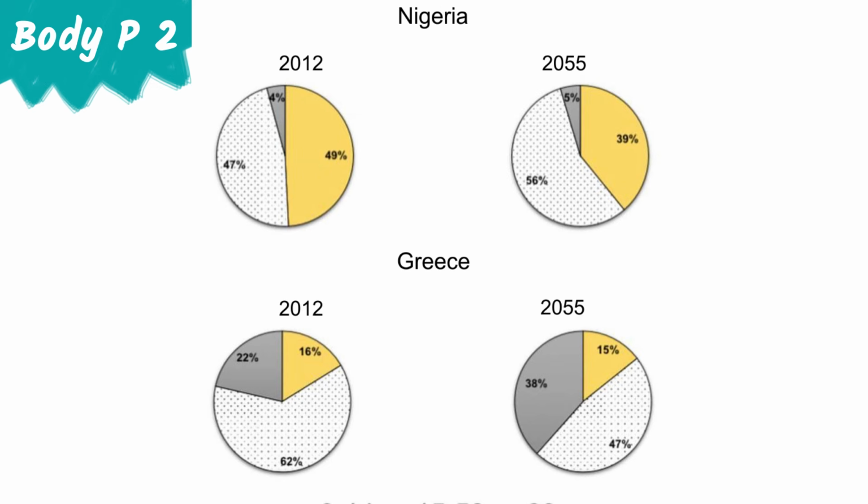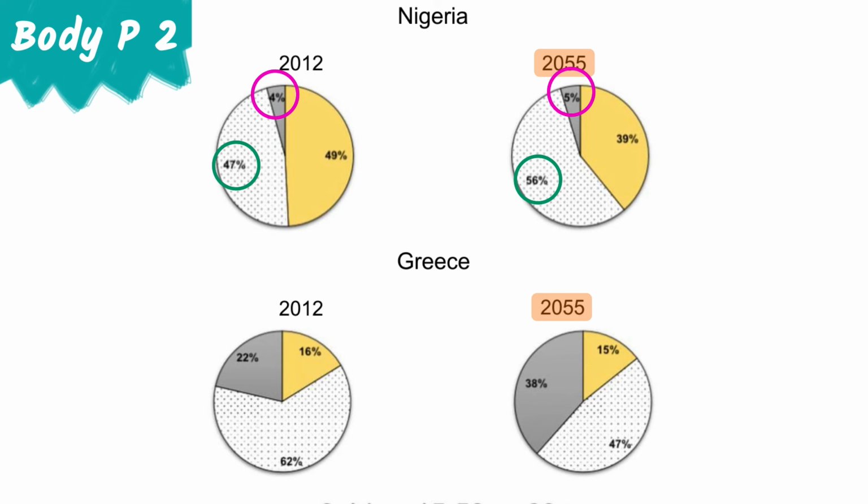Now, it's time to start writing our second body paragraph, and it's for our projections for 2055. So the projections, as you can see, there is a 1% rise in the percentage of elderly individuals, right? It's from 4 to 5%. And there is a 9% increase in the 15 to 59 age group.